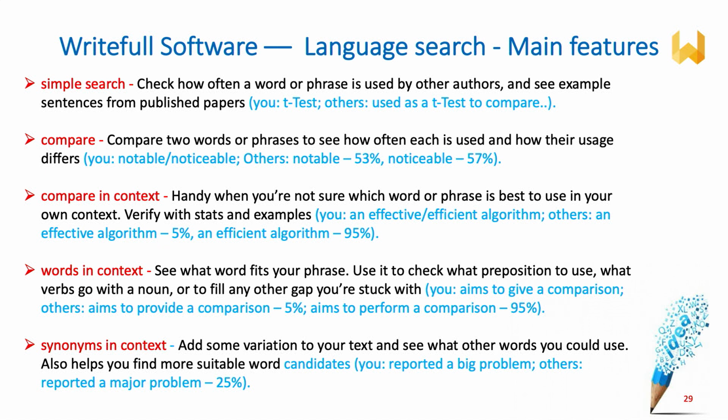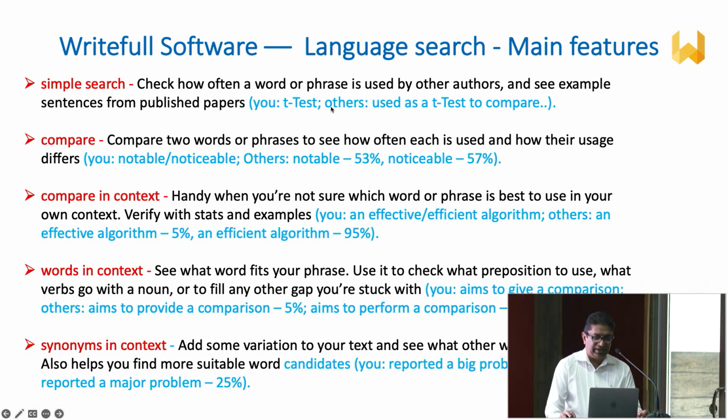Now I just want to give you one example. Simple search, meaning that you don't know how to write t-test. You may write t-test like this, others use it as t-test. Now see the difference to compare. So then what you can do is, you can be 100% guaranteed how to write t-test.